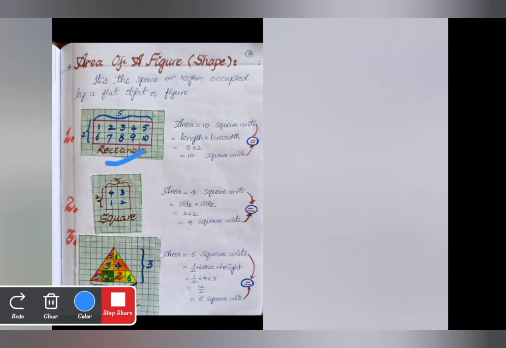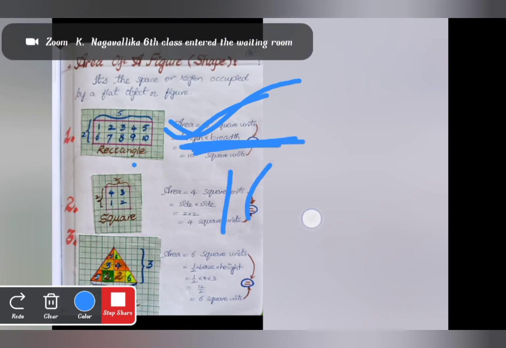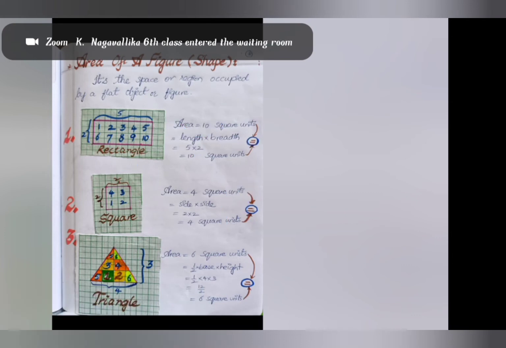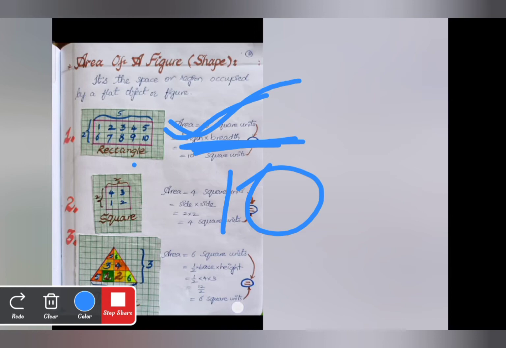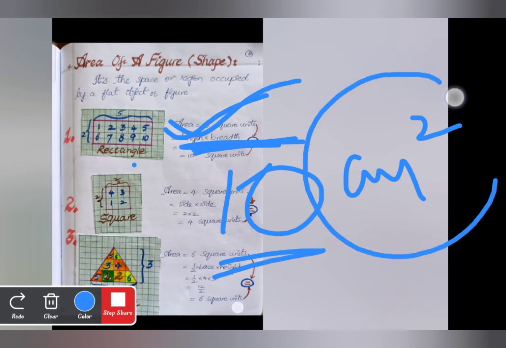Already numbers are given here. 1, 2, 3, 4, 5, 6, 7, 8, 9, 10. So 10 squares are covered by this rectangular shape, which implies the area of this rectangle is 10 centimeter square. Here units are important.